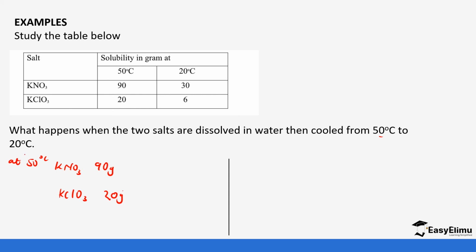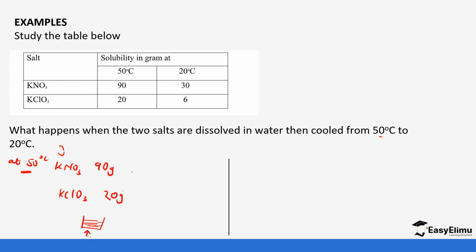We dissolve these two salts at 50 degrees Celsius, so we have 90 grams of potassium nitrate and 20 grams of potassium chlorate. They have all been mixed in a beaker at this temperature. When we put the beaker aside and it starts cooling, it cools from 50 to 20 degrees Celsius.